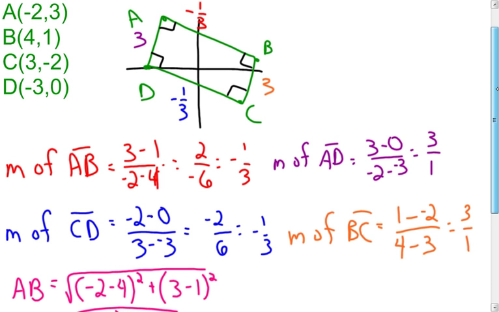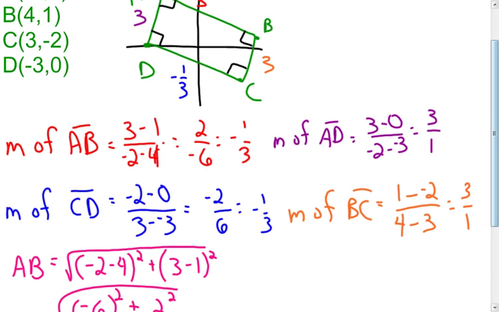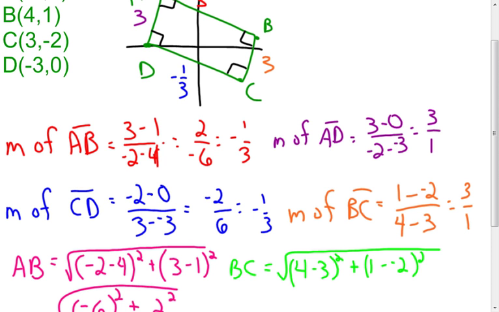And then I want to find the length of segment BC. So the length of segment BC is going to be equal to, and I got to do my distance formula again, 4 minus 3. I square that, plus 1 minus -2 squared.